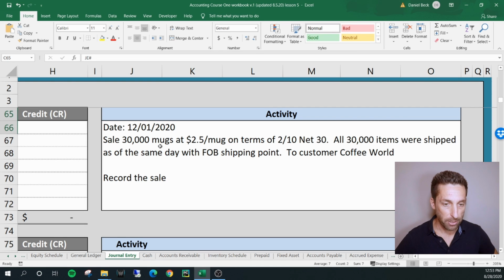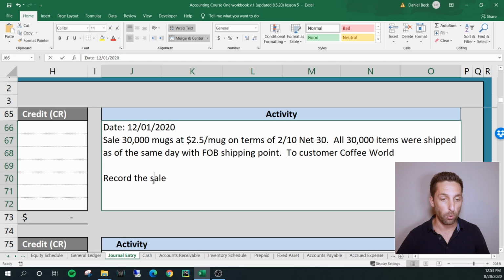Sale of 30,000 mugs at $2.50 per mug on terms of 2/10 net 30. All 30,000 items were shipped the same day, FOB shipping point, to customer Coffee World. In this transaction specifically, we're just going to record the sale.